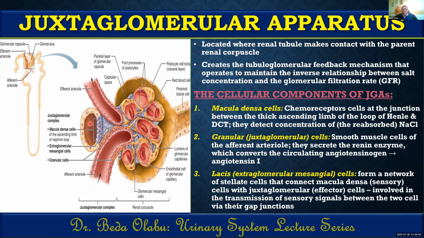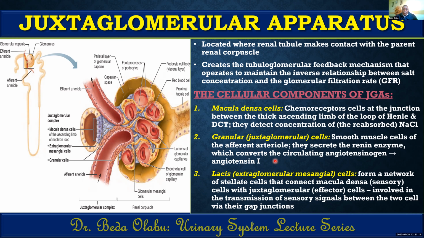So for example, if the amount of sodium within here is low, then macula densa cells will perhaps send a signal for secretion of renin. But if the amount of sodium here is high, it will inhibit renin secretion.